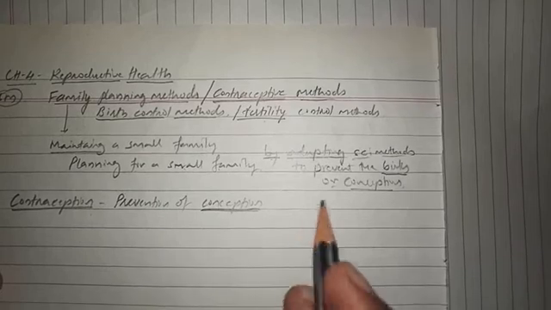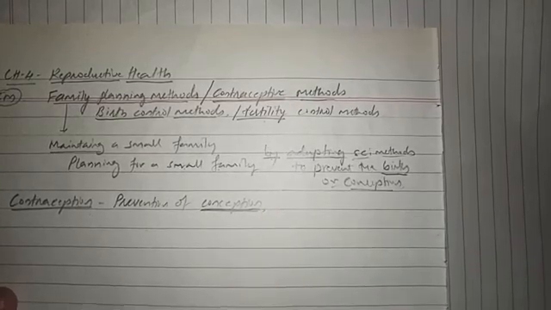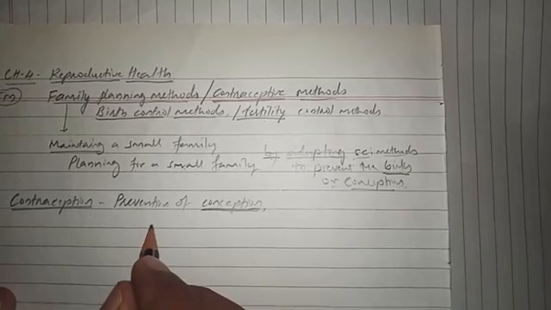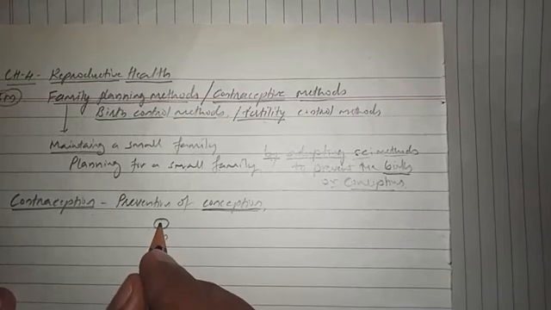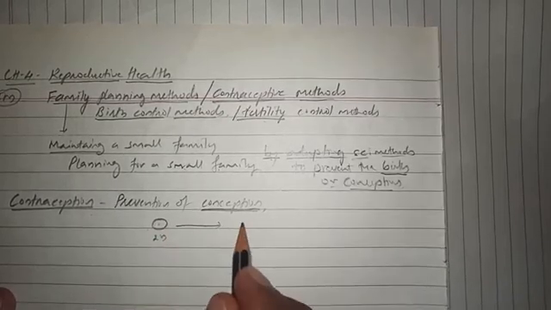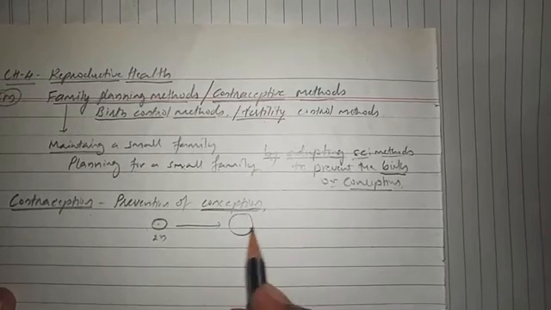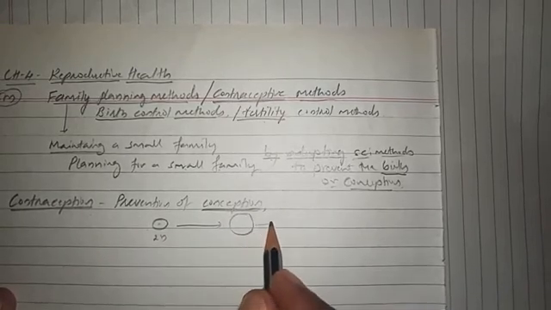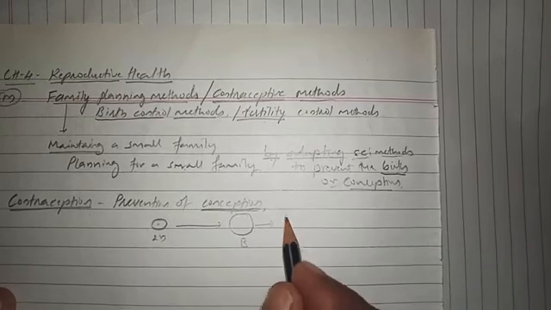Conception means, in general, we call it conceiving, that is, the implantation has happened. After fertilization, the egg becomes a zygote, which is diploid, and which undergoes cleavage to form a blastocyst stage, or 16 to 32 celled stage. The blastocyst is attached to the endometrial wall.